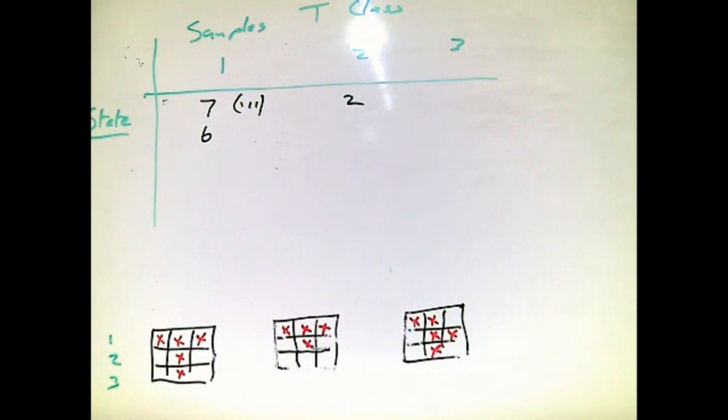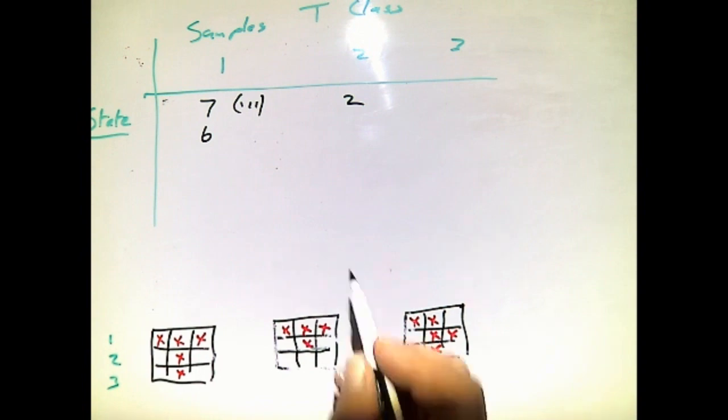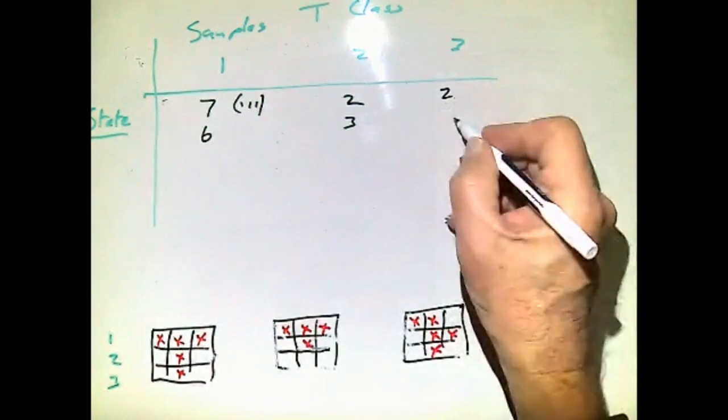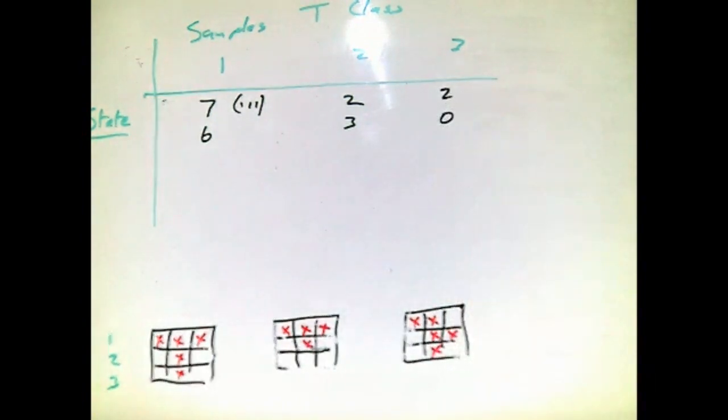We're not taking into account the frequency of occurrence. It's the simplest possible model. If we take into account the frequency, yes, that's interesting, but we're not there yet. Just has it occurred in the top row or has it not? That's all that's necessary. And for the final pattern, it is going to be 3. And for the third sample, the third row in this case, it is going to be 2, 0, and 2. So those would be the allowable states for the letter T.